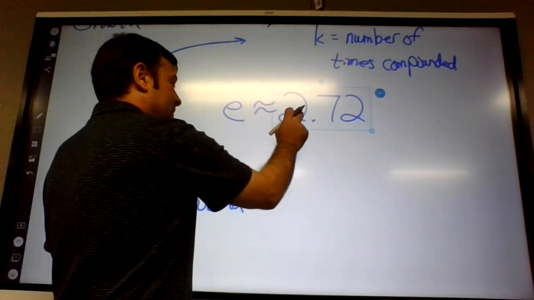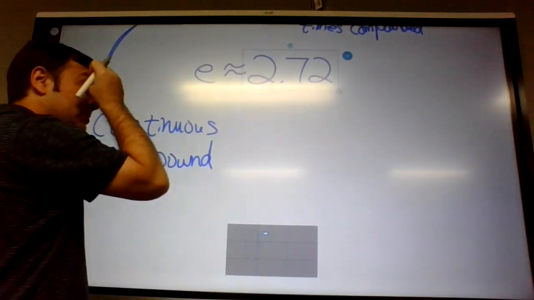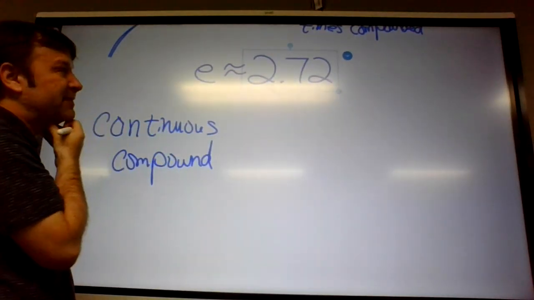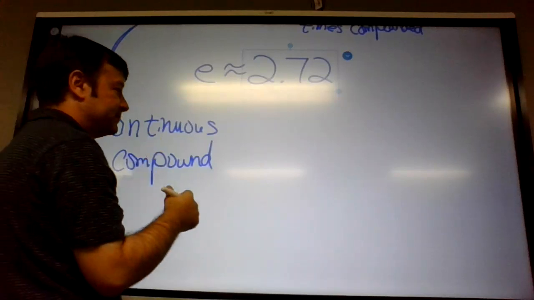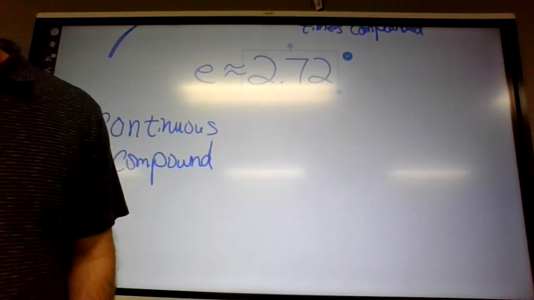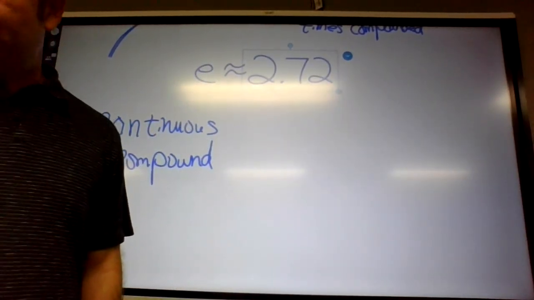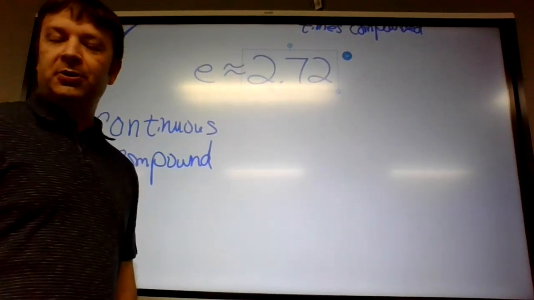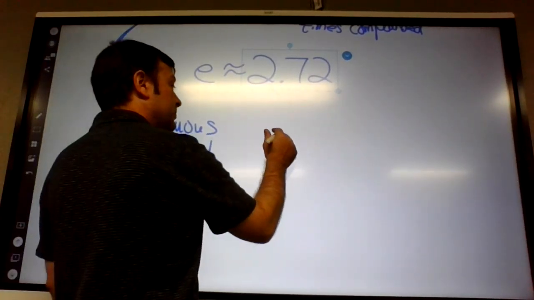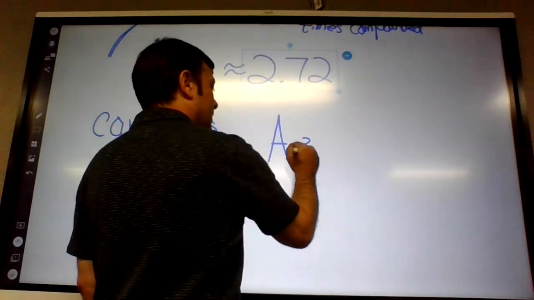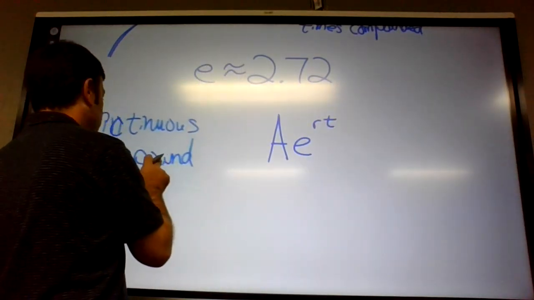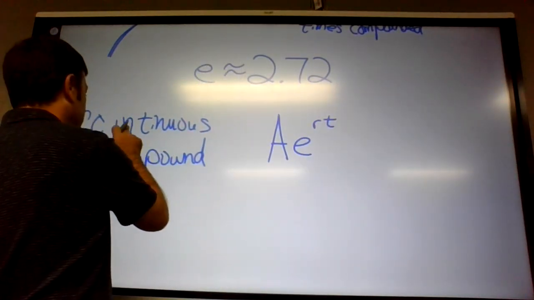Anyway, this E thing is used for continuous growth. Not necessarily money, but I think, is today money? Yeah, today is all about money, I guess. You could use it for like population. You could use this for anything, really, but the formula is very simple. A E^(RT). Guess what the A stands for?